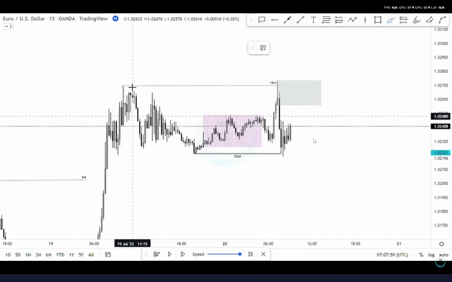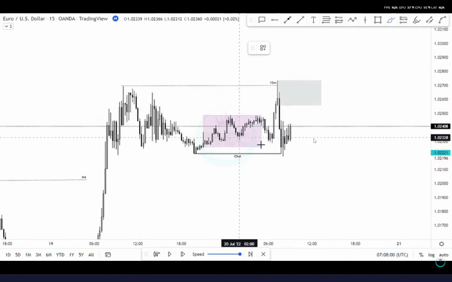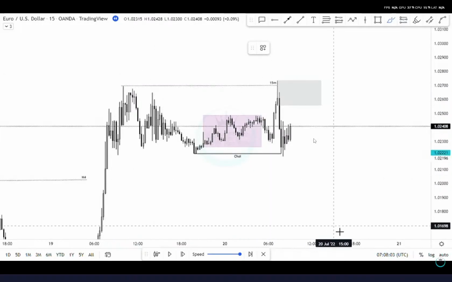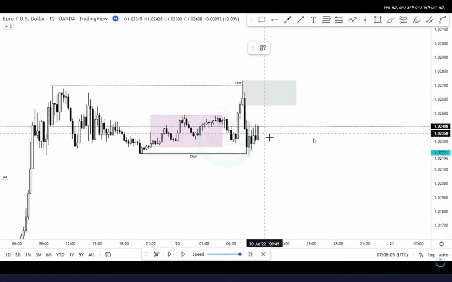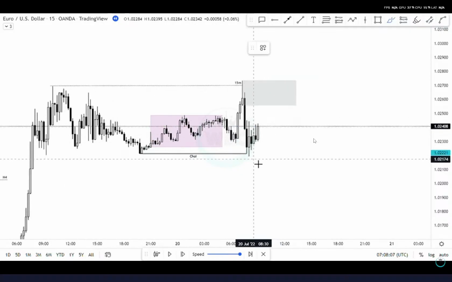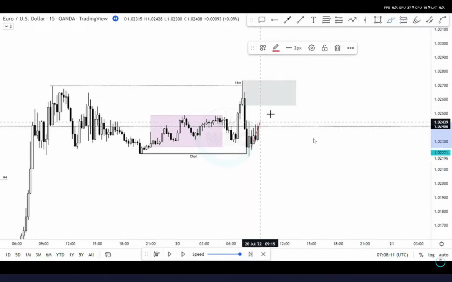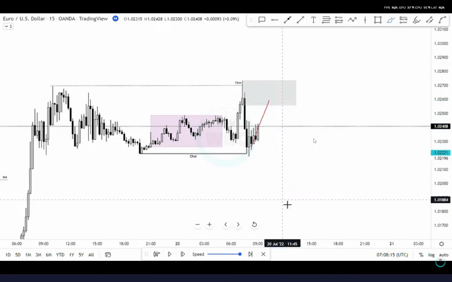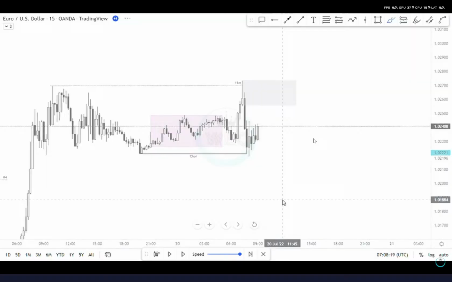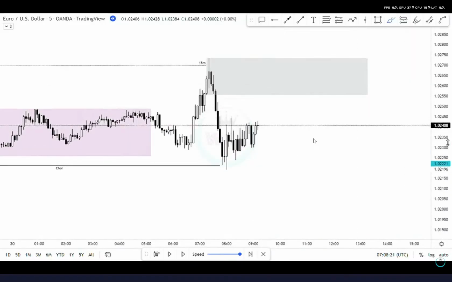We are taking advantage of this counter trend moves to the H4 demand. The same way we've had this break of structure, we can get into M1 and look for counter trend trades to these levels before we can sell back, right? But like I said, on the 5 minute, there is something that I want to show you. So let me show you real quick before we do the first trade.